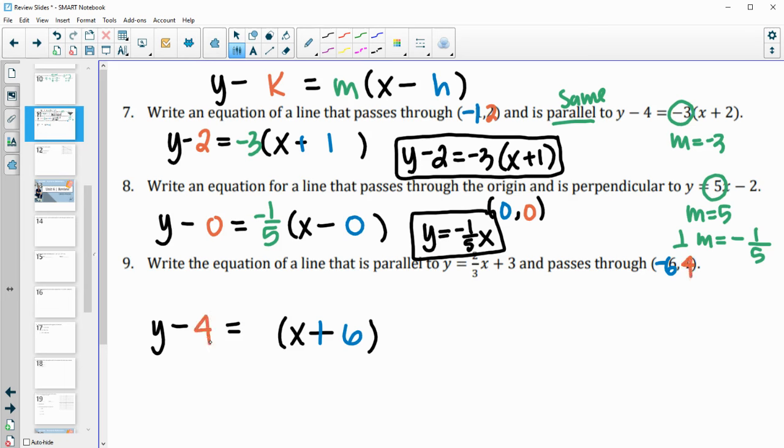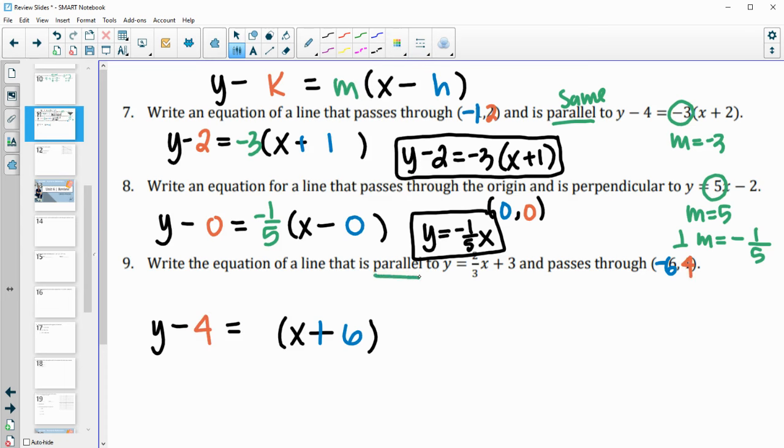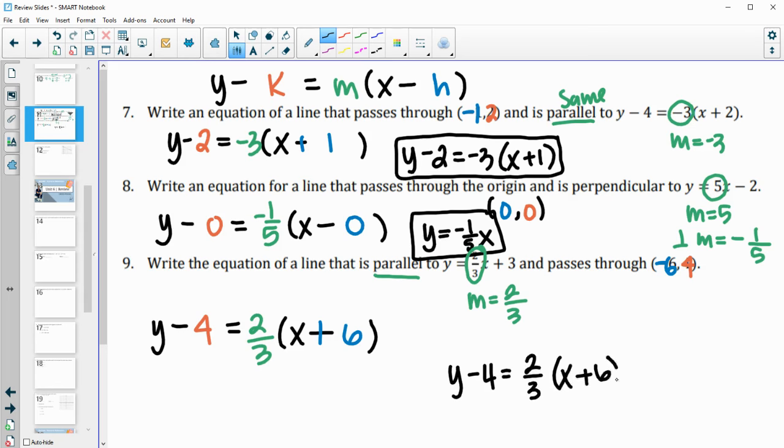So it'll be y minus 4. And then we need parallel, so we need this same slope. And this slope is 2/3, so the parallel slope is also 2/3. So then that would be our equation. So y minus 4 equals 2/3 times x plus 6.